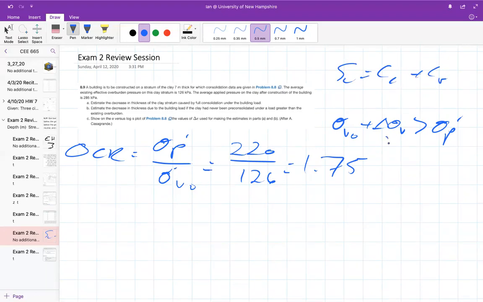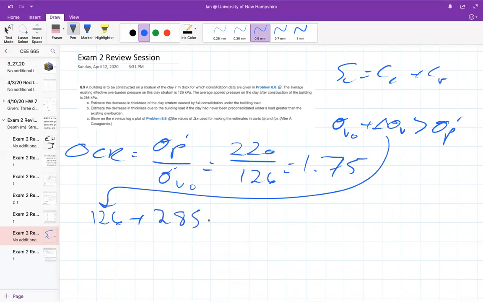So I'm going to do that over here. And we got 126 plus, it was told to us that the change was 285, which gives 411, which is greater than 220. So we luck out a little bit. You might get a little bit of carpal tunnel, but that's okay. It's worth it.